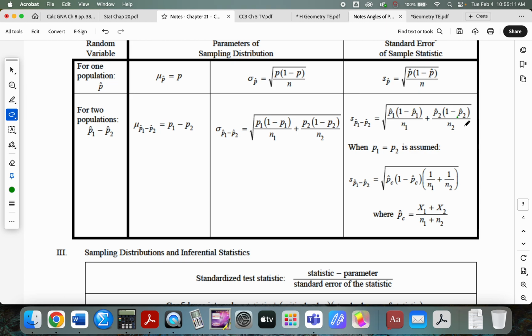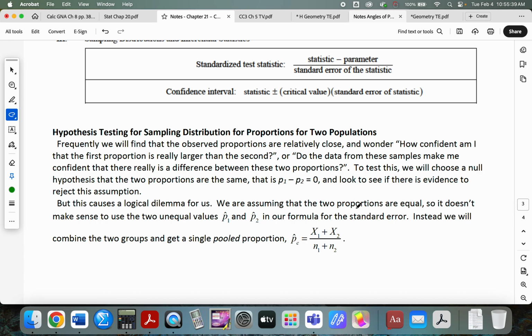So the logic doesn't make sense anymore. Normally we're looking for, all right, the two different groups have two different proportions. Great. Are they 20 points apart? Let's check that. But if we're assuming that they're equal, we're going to pool them together into one. And that's what this P hat sub C is, the combined groups, a single pooled proportion.